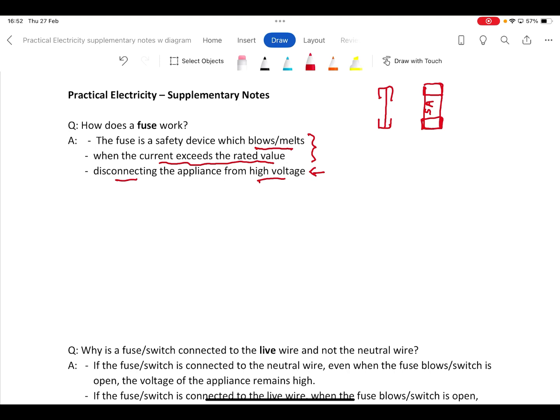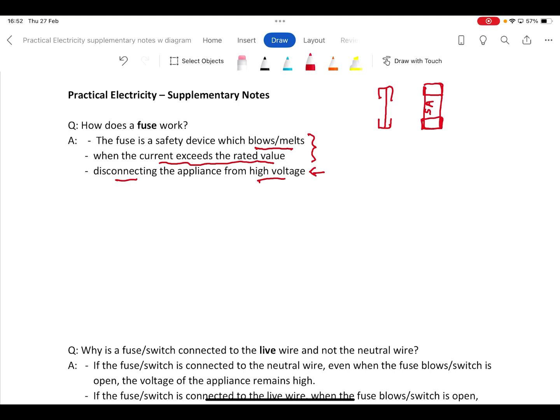The fuse will blow when the current is too high. It will protect the user as well as the appliance, because if the current is too large, the appliance will also be damaged. But the next thing that happens is even more important.